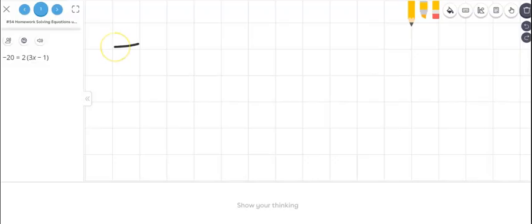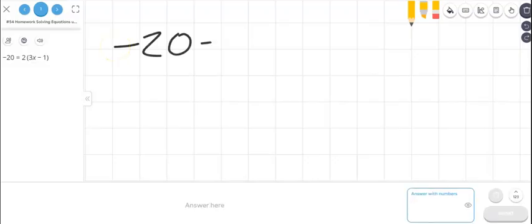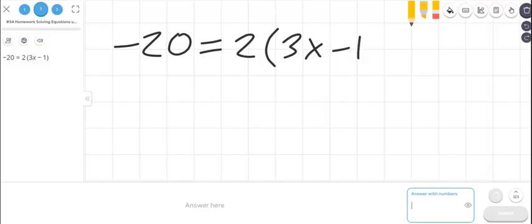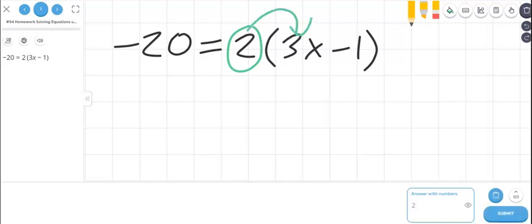All right. Negative 20 equals 2 parenthesis 3x minus 1. So I've got to do the distributive property first. So I'm going to take this 2 times the 3x. That's 6x. Then I'm going to take the 2 and times it by negative 1. So that's negative 2.